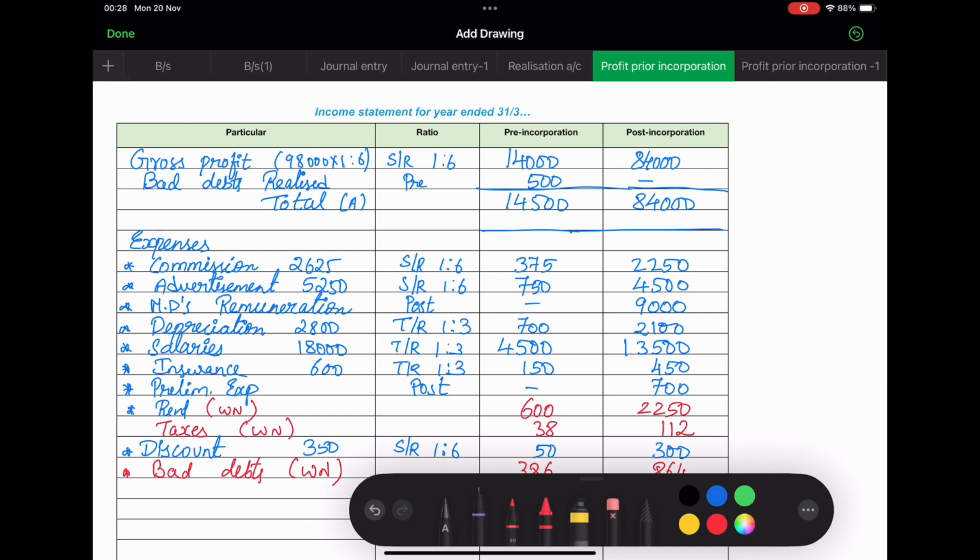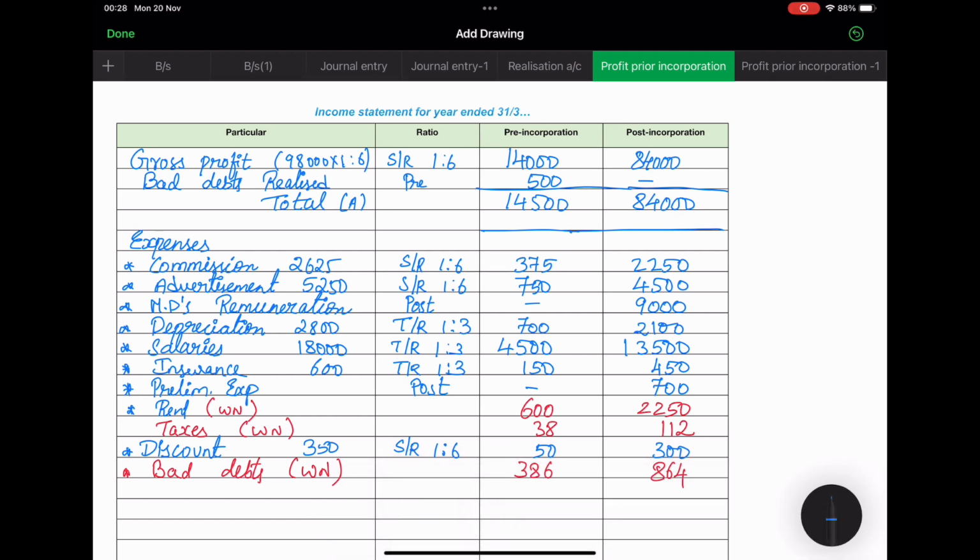So now we are going to calculate all the expenses. So one by one, from 375 to 386, we are going to add it.